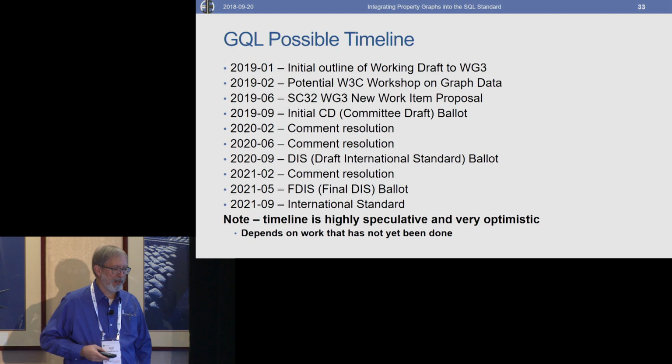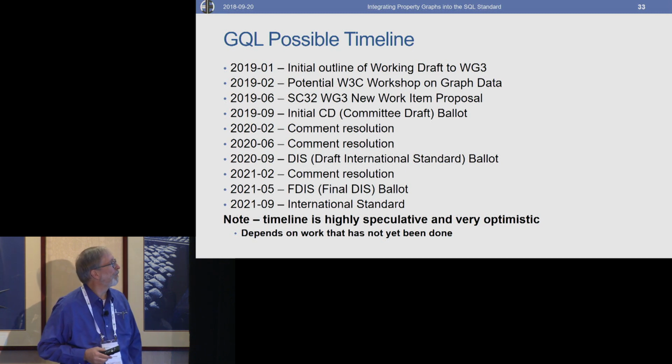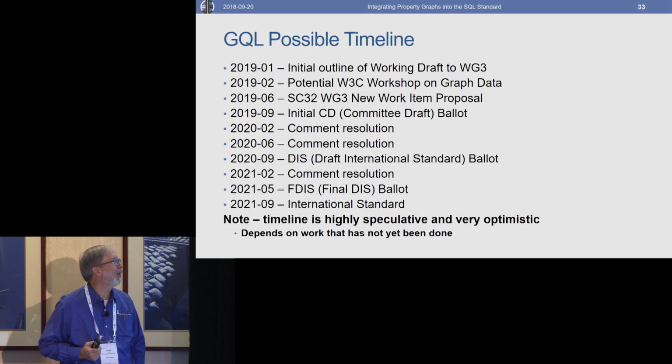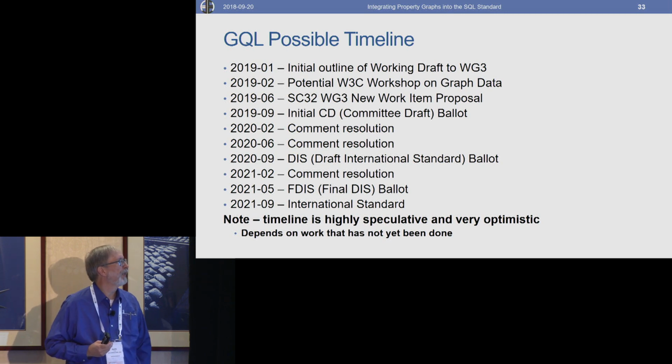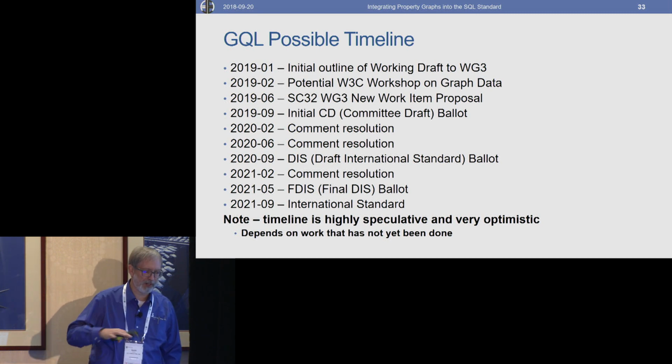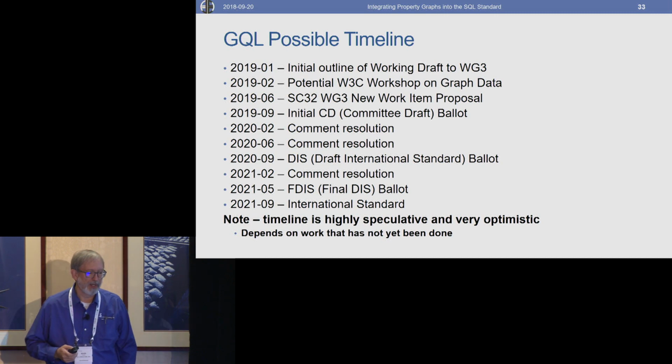So a possible timeline might be that for the GQL, we have an initial outline of a working draft. There's a potential W3C workshop on graph data, and I'll talk a little more about that later, and so on and so on.